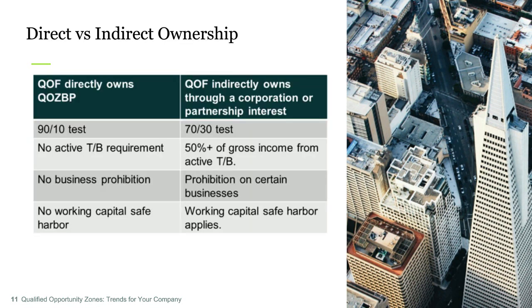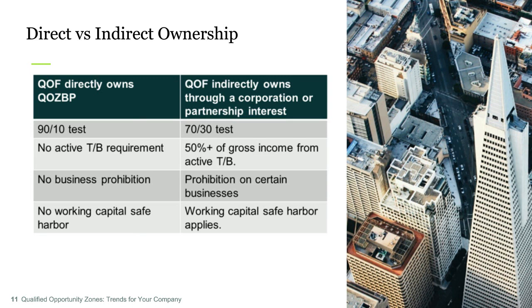On the direct versus indirect ownership topic, the fund can own the asset directly. That's qualified opportunity zone business property. And I know we're throwing a lot of acronyms at you here, but the QOZBP is qualified opportunity zone business property. That's when the fund owns the real estate project itself or the operating business itself.